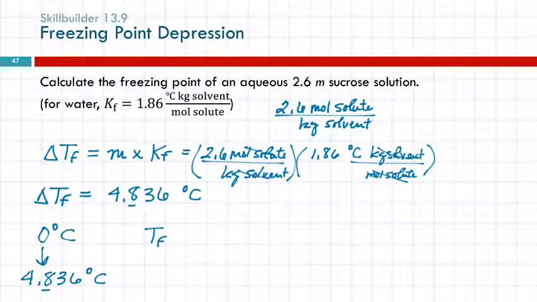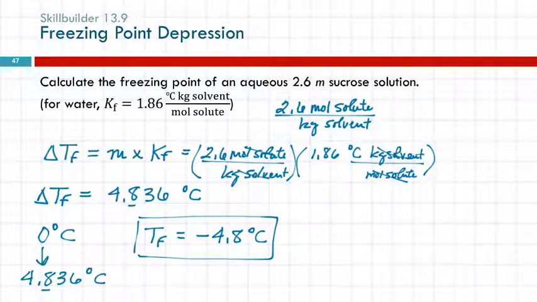So the freezing point, not the change in the freezing point, the freezing point is negative 4.8 degrees Celsius. Unfortunately, in these, I mentioned it earlier, in these calculations, they do not use the same conventions for delta as being final minus initial, and so it can be confusing. Any questions?